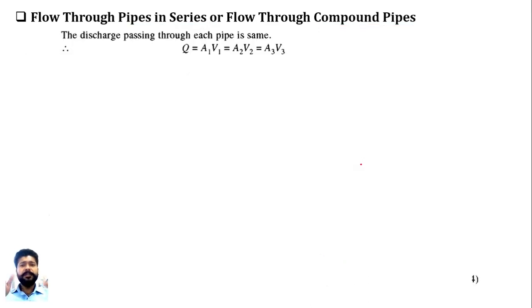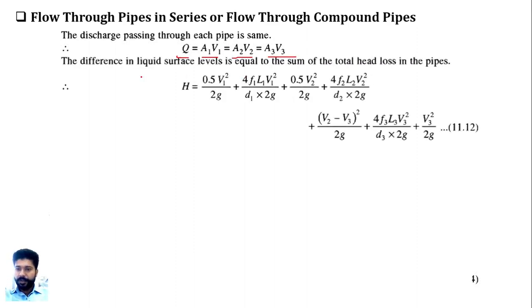Let's find out the discharge, velocity, coefficient of friction and head loss when the pipes are connected in series. In this case, the discharge, the fluid passing through each pipeline, is the same because it is connected in series. So the discharge is the same, and the basic equation of discharge is area into velocity, that is A1 V1 equals A2 V2 equals A3 V3.